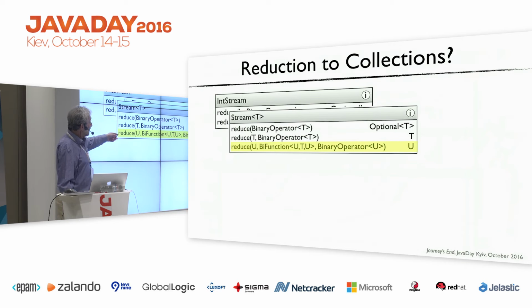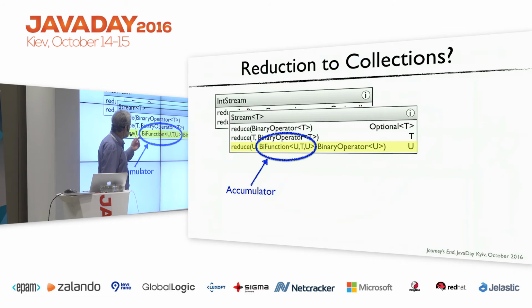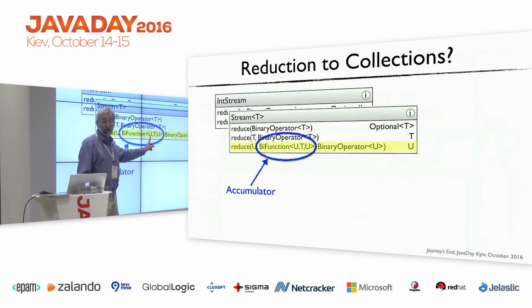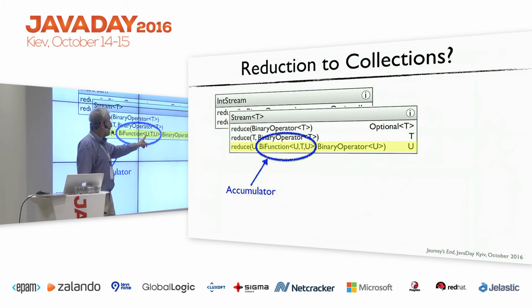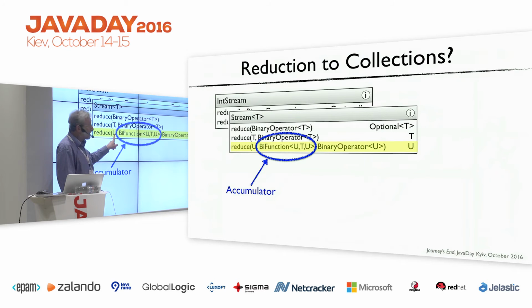They said, well, the idea is that we'll start with an empty collection, and we'll have something that you call an accumulator. Sorry, I should say, here's the identity. U represents the collection.